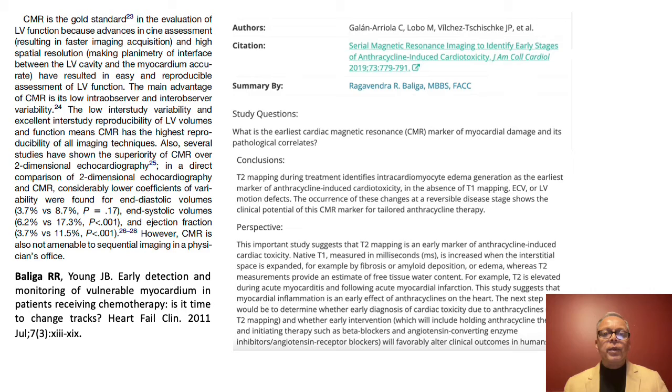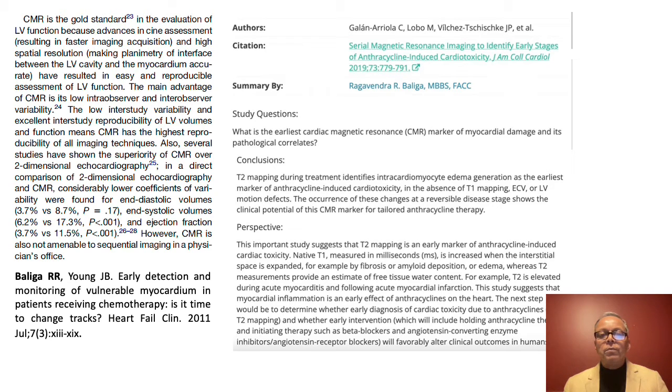On the right panel, in a paper I reviewed for acc.org, this paper was in JACC in 2019. It suggested that T2 mapping during therapy identifies intracardiomyocyte edema generation as an early marker of chemotherapy-induced cardiotoxicity.